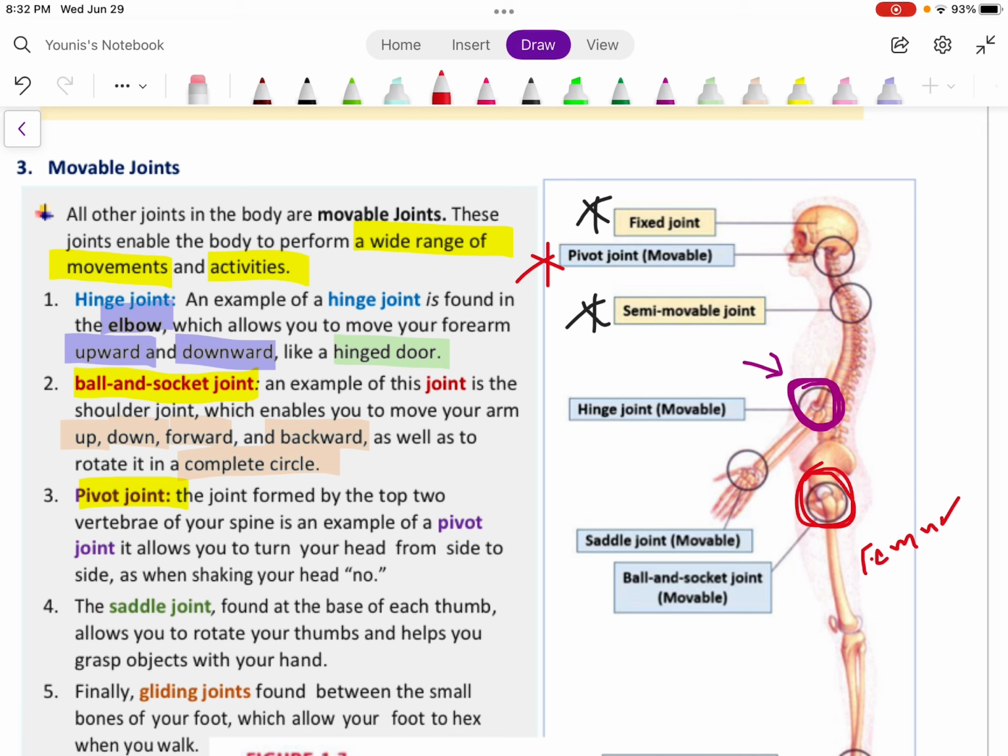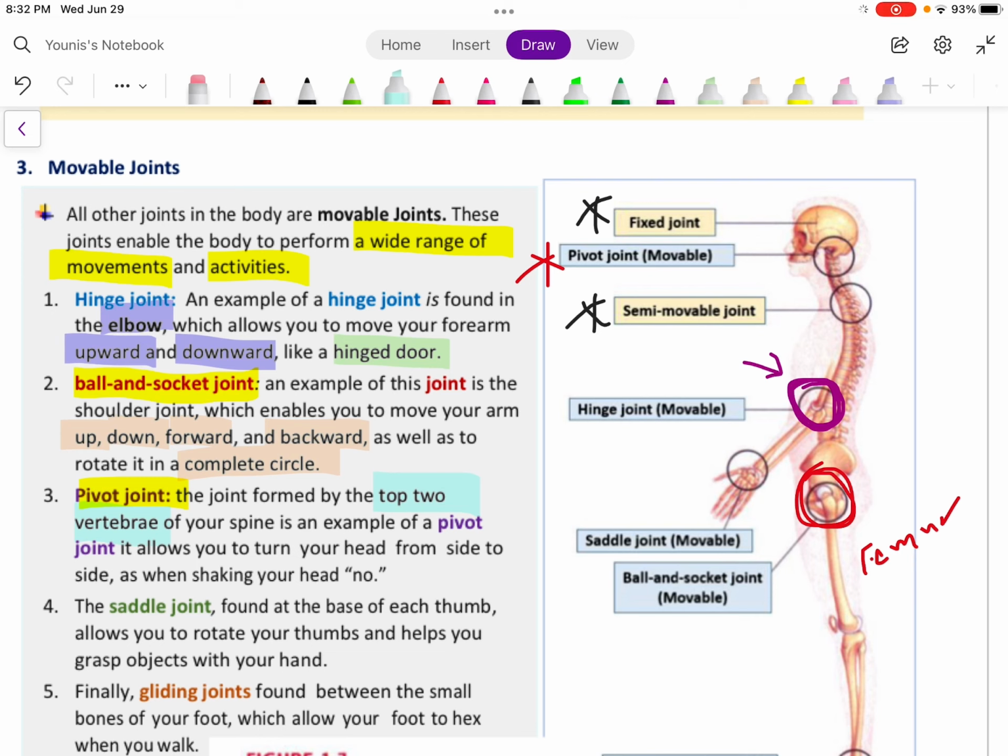As mentioned here, it is formed by the top two vertebrae, the very top two bones. Vertebrae means the bones of the vertebral column, of the spine. So between these bones, the type of joint is a pivot joint.